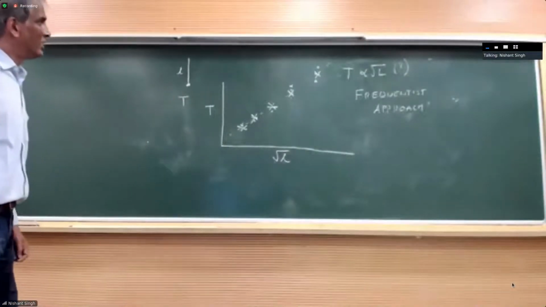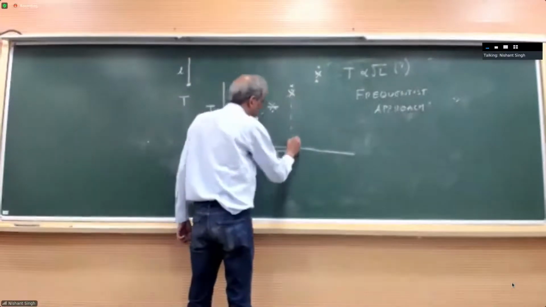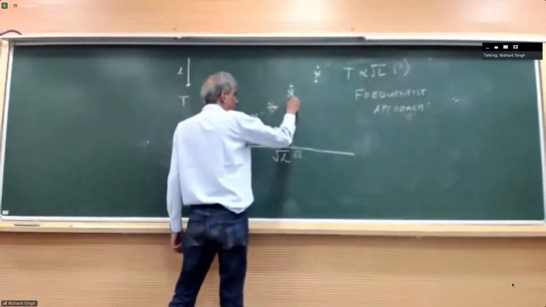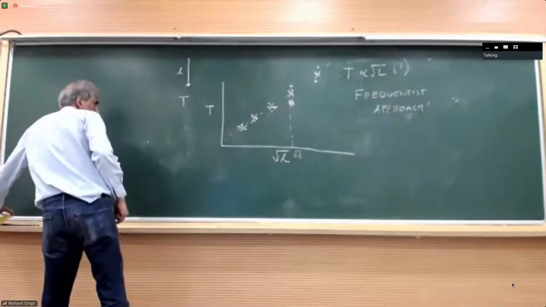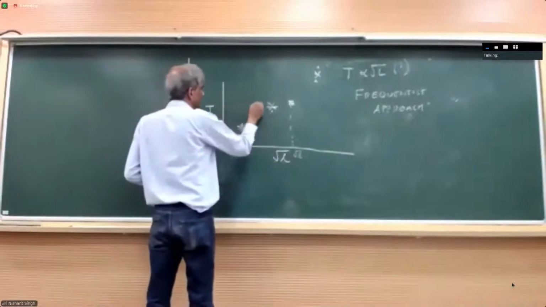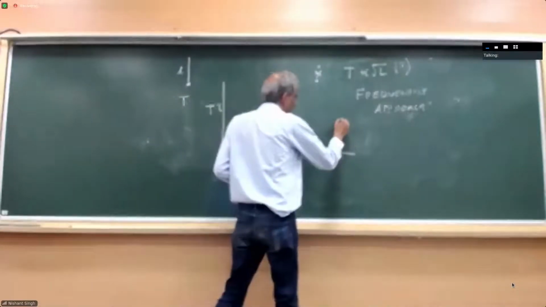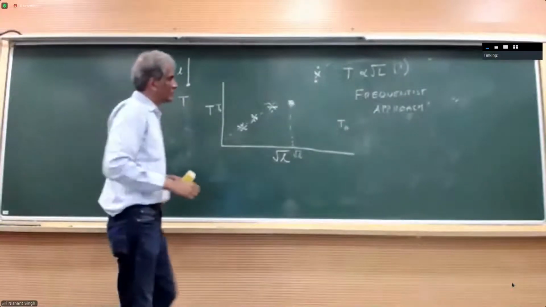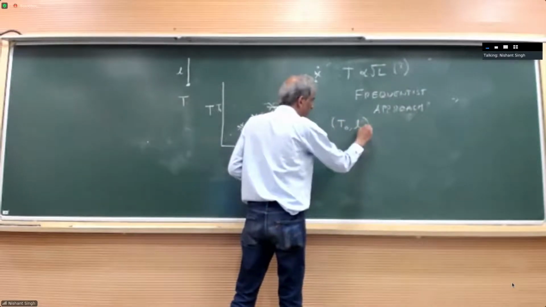So the question you ask is, given a value of root n, and given a point which I've got here, let me say this is my measured point, given T0, which is my observed T0, and the measurement which I did in L, this L I'll keep fixed.